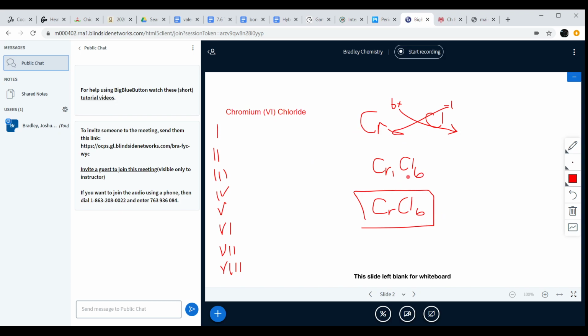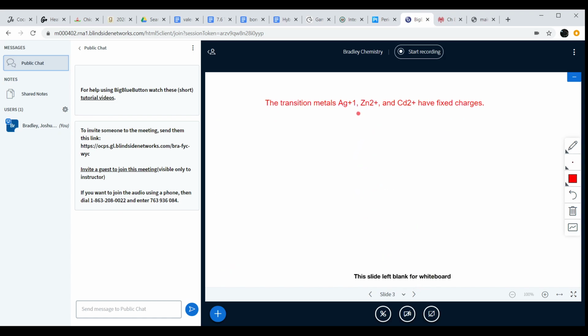Now, in the transition metals, there are going to be a couple that I will forget, that you do not necessarily know offhand, that they do not have variable oxidation numbers. And there are going to be 3 that show up just frequently, all the time. The 3 that we're going to be worried about is silver.